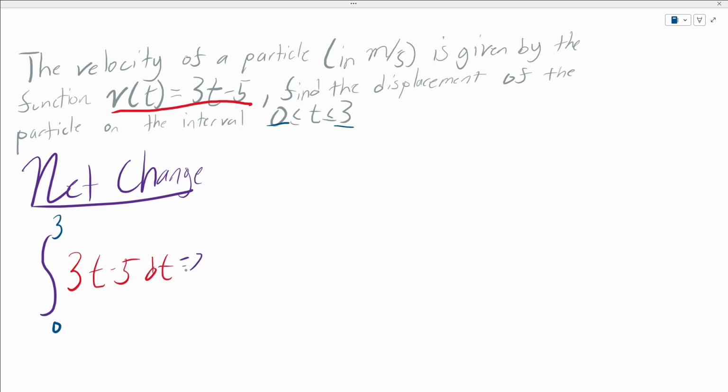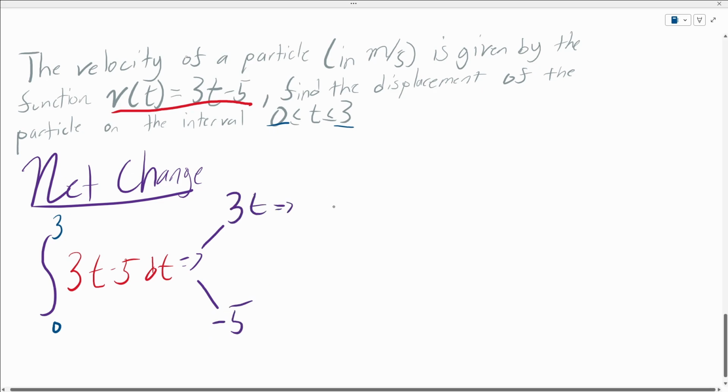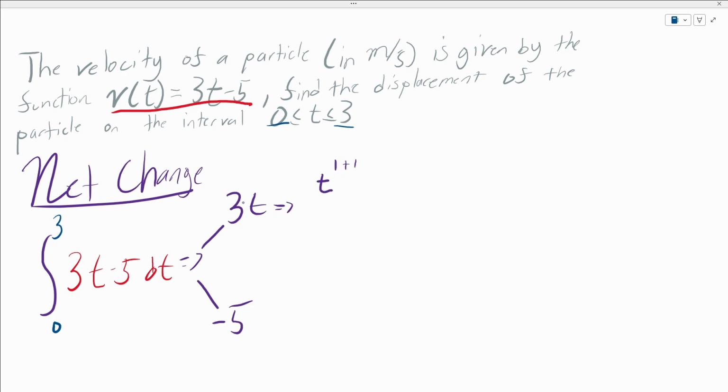Okay, so just like before, let's break our pieces into two different sections. We'll have 3t and negative 5. The integral of 3t, using the power rule, it's going to be t to the 1 plus 1, since our starting power is 1, over 1 plus 1. And then don't forget our constant on the outside.